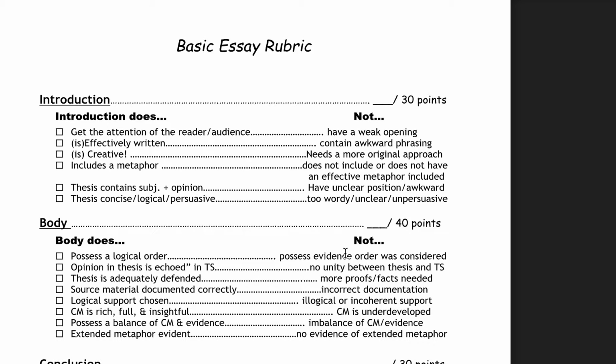First of all, make sure that you have a great attention grabber so that you can get the attention of the reader or the audience. Each piece here is worth 5 points, which makes a total of 30 points. So if you have a weak opening, that is an automatic 0 on the attention grabber.